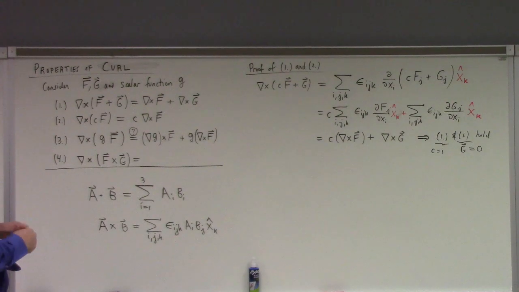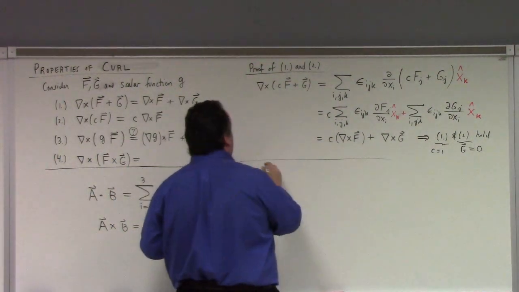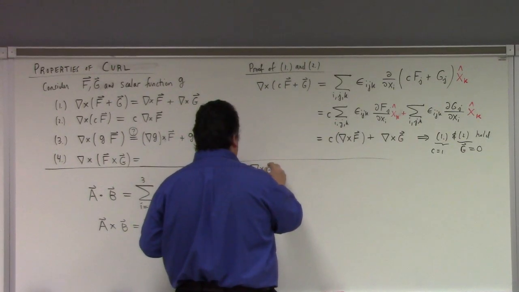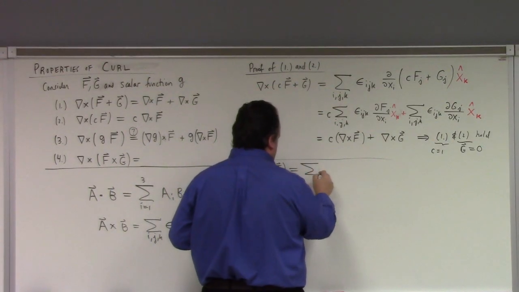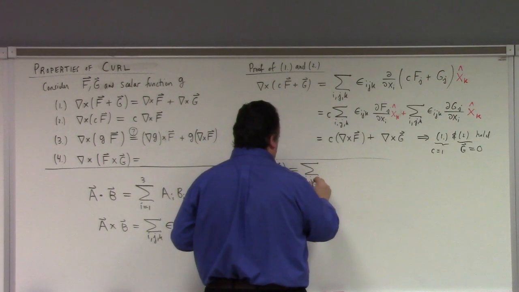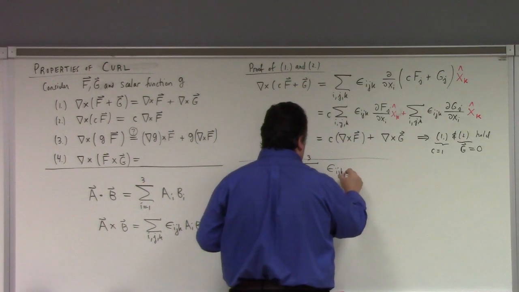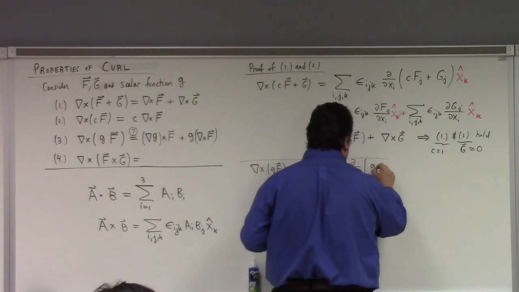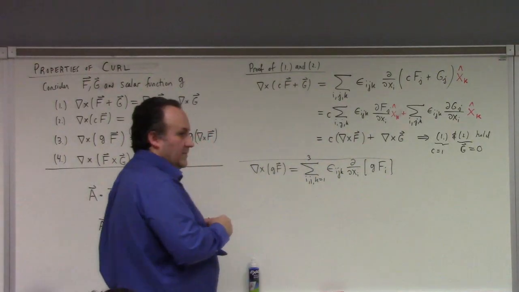All right, great. How about 3? Then we're up against the curl of G times F. So same basic starting point, sum over i, j, and k, 1 to 3, epsilon i,j,k partial x sub i of G times F sub j.